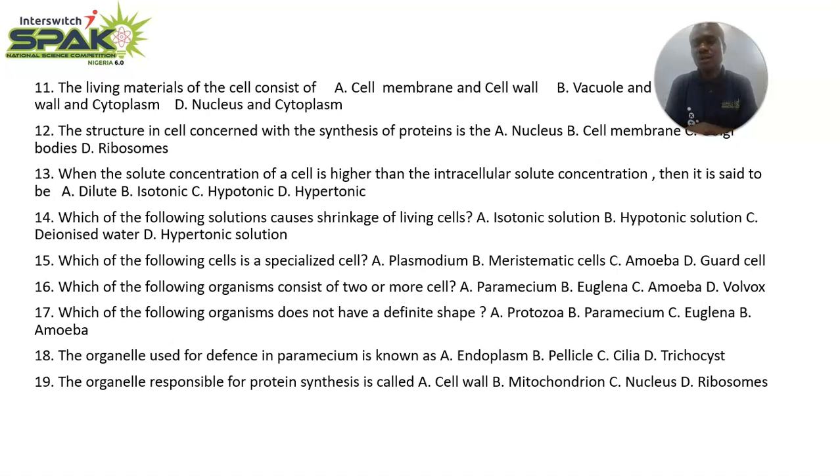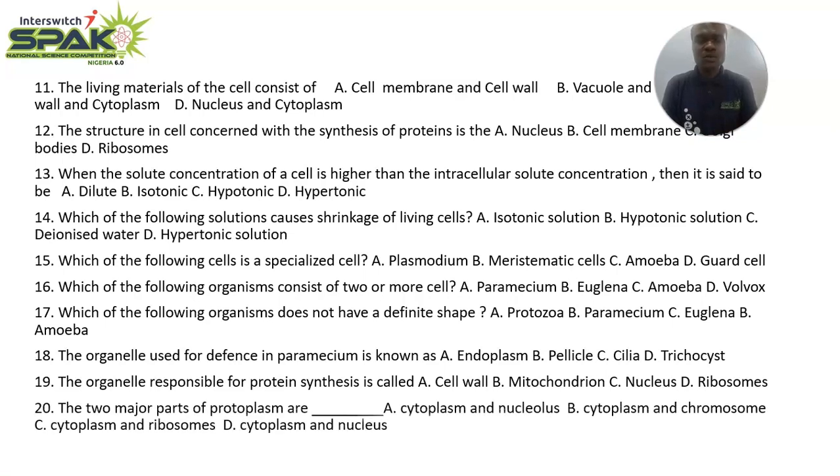Okay. The next question says, the two major parts of protoplasm are dash. A, cytoplasm and nucleolus. B, cytoplasm and chromosome. C, cytoplasm and ribosome. D, cytoplasm and nucleus. The correct answer will be cytoplasm and nucleus.